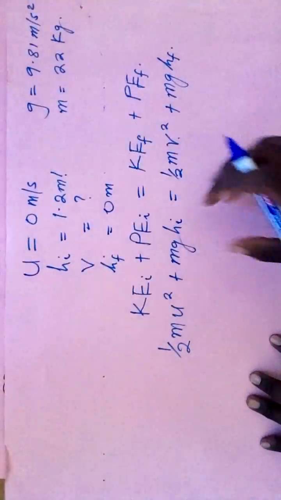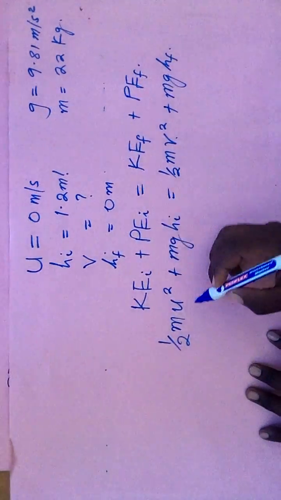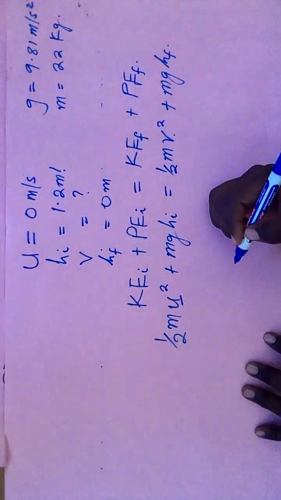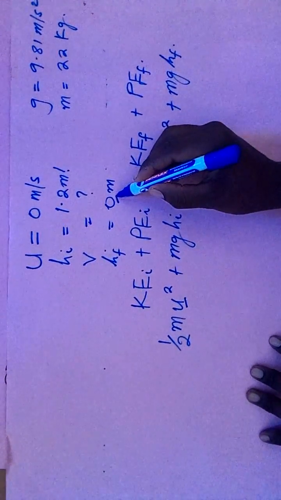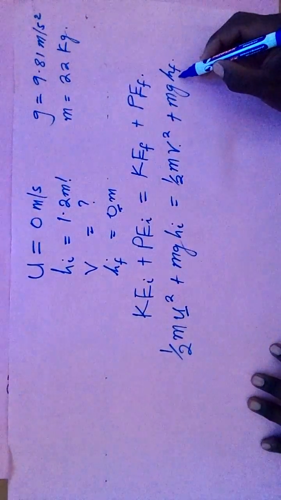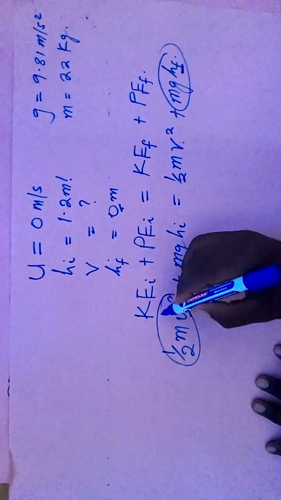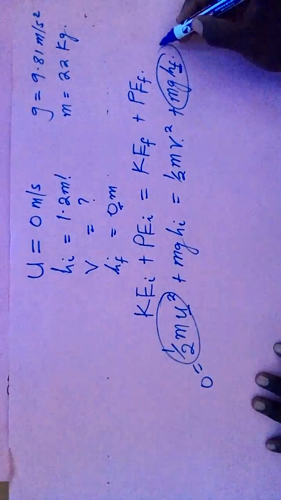Remember from our data, we have initial velocity 0, so this is 0. And our final height is 0, so this is also 0.